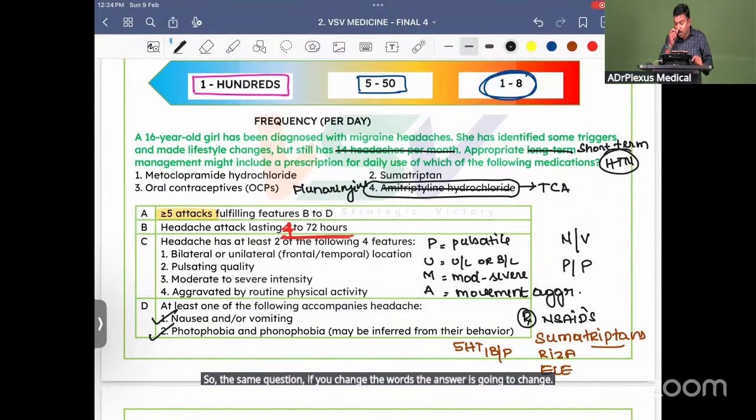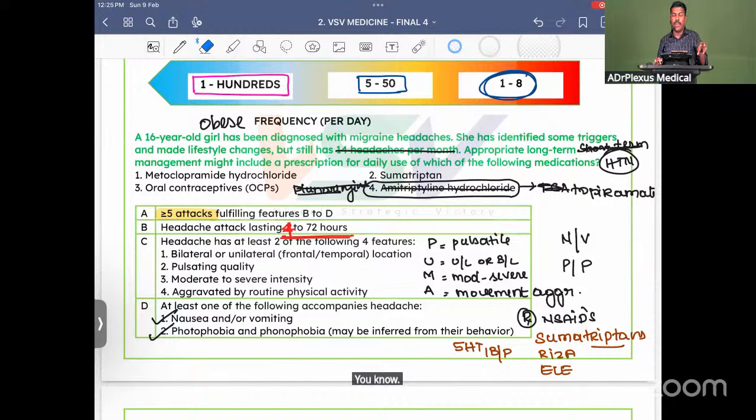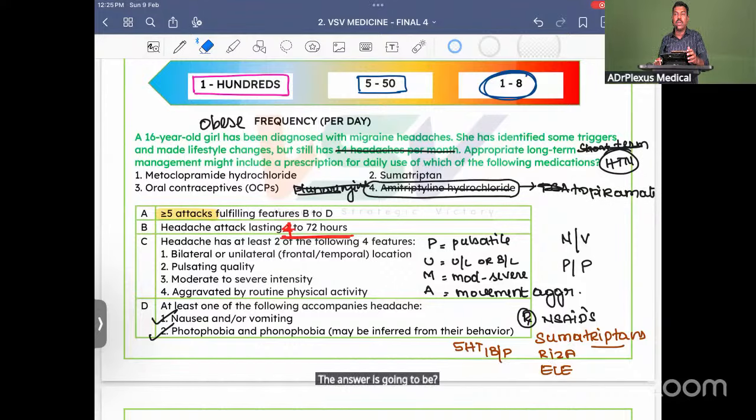If in the same question they have topiramate and they have given an obese patient and long term, what should be the answer? I have told you topiramate causes weight loss, right? So the answer is going to be topiramate. Yes, very good.